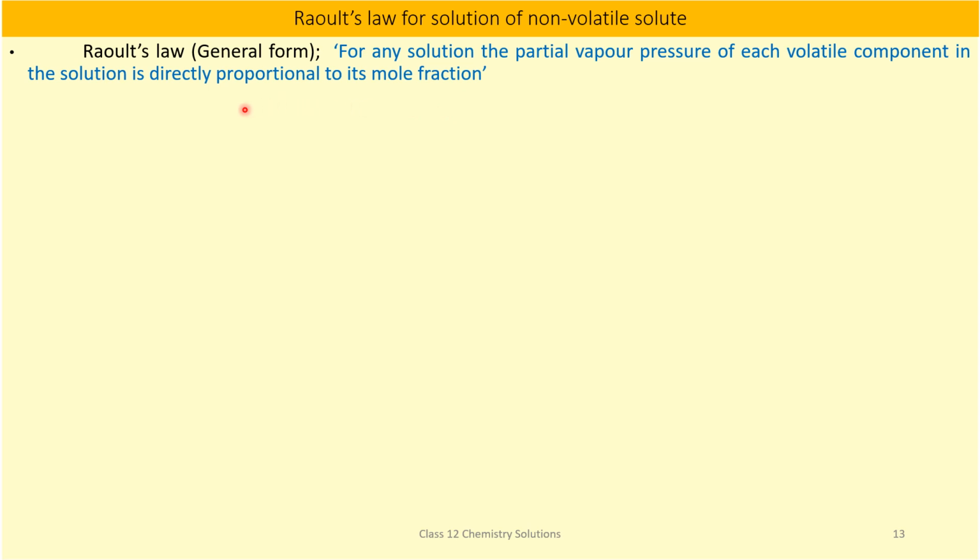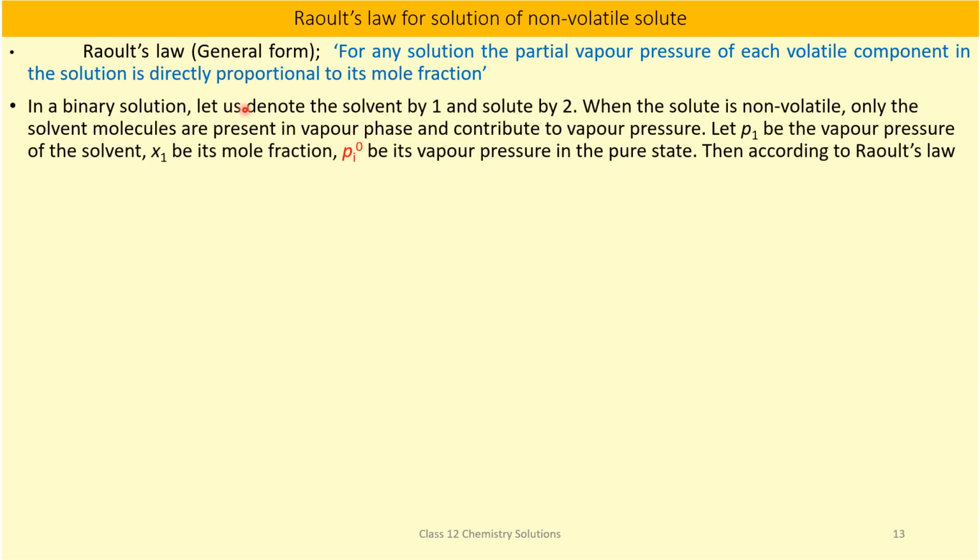In a binary solution, let us denote the solvent by 1 and solute by 2. When the solute is non-volatile, only the solvent molecules are present in the vapor phase and contribute to the vapor pressure.